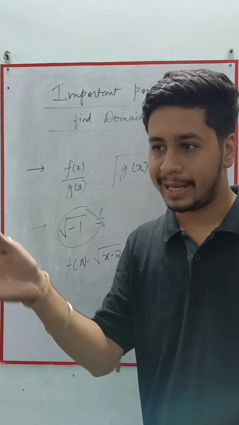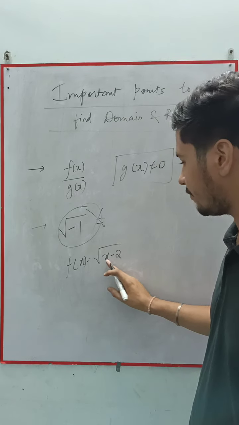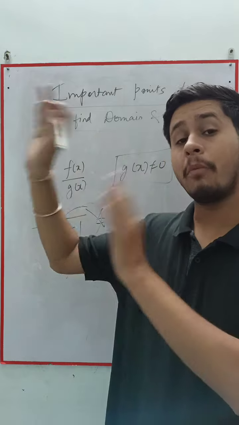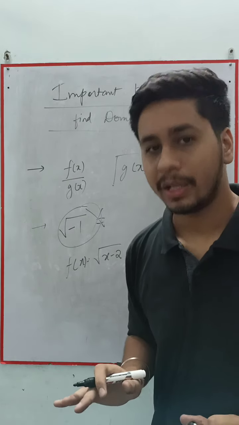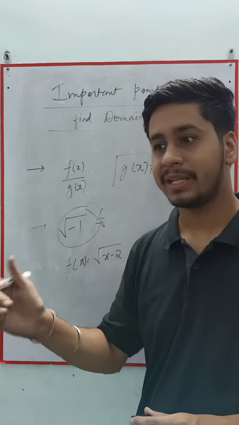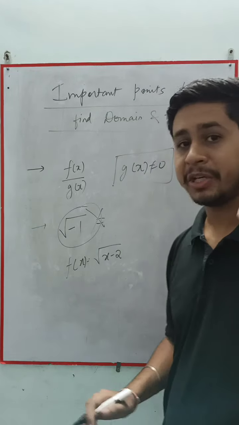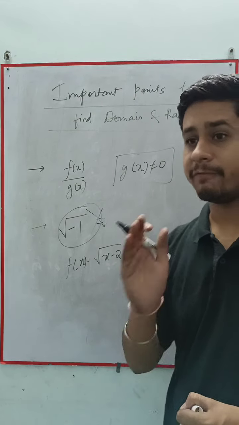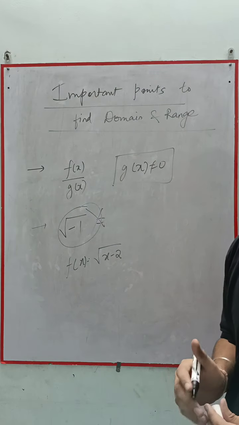I cannot take less than 2. Like I cannot take 1, because under root of 1 - 2 will give you under root of -1, which will go into complex numbers, which is not real. That is an imaginary term, not real. I told you that we need to deal with real valued functions, so that is why x cannot be 1, it will be 2 or more. So that is how we will find the domain.